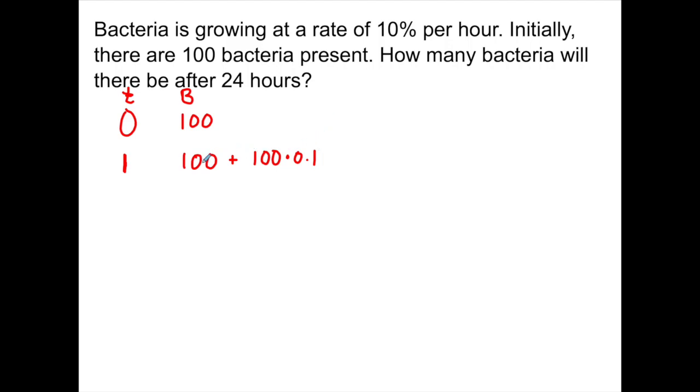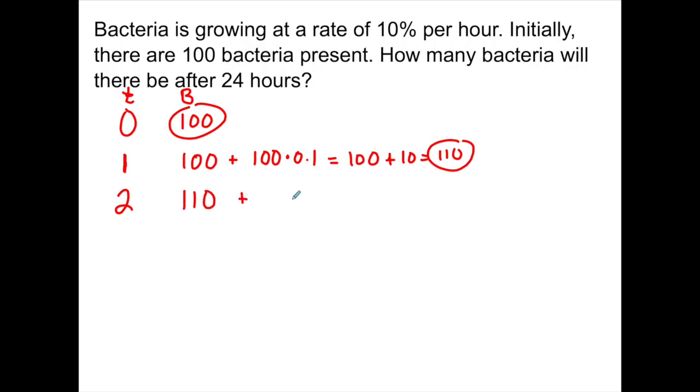Because we take the amount we had and we add an additional 10% of that. So that's equal to 100, and then 10% of 100 is 10. So it's equal to 110. I'm just going to circle the final answers. So in 2, we start with 110.